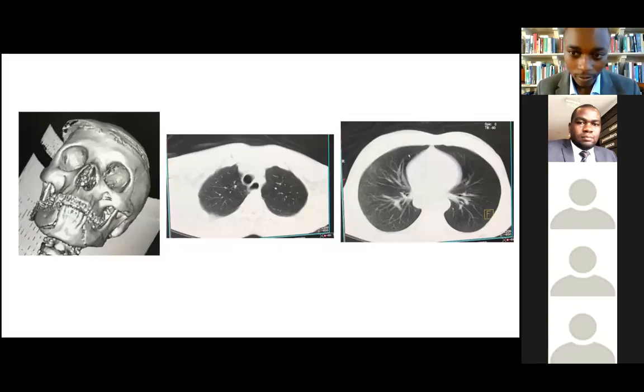I cannot clearly see the image on the right, but it seems like on the right there is some blood in the chest, and I would say it's a hemothorax. Okay, well, I had the advantage of seeing the entire images, but that's a normal chest CT scan. This patient did not have a hemothorax or a pneumothorax.